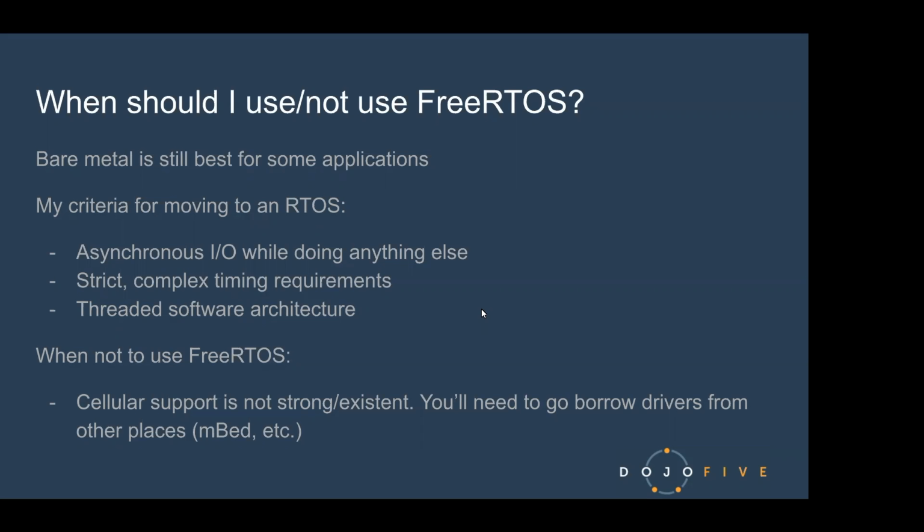And if you have a threaded software architecture, where you have multiple different components in the system talking to each other and passing messages back and forth, you could do that in bare metal, but why reinvent the wheel? Just go grab an RTOS. I do think too that it's easier to start kind of having a good idea.